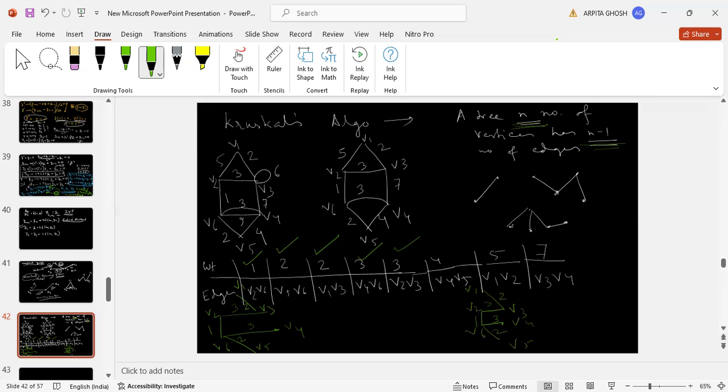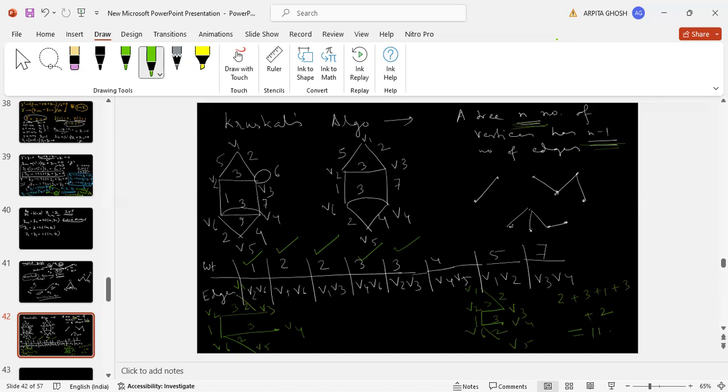This is the required shortest spanning tree, and the weight of the tree is 2 plus 3 plus 1 plus 3 plus 2, that is 11. Weight of the tree is 11 units.